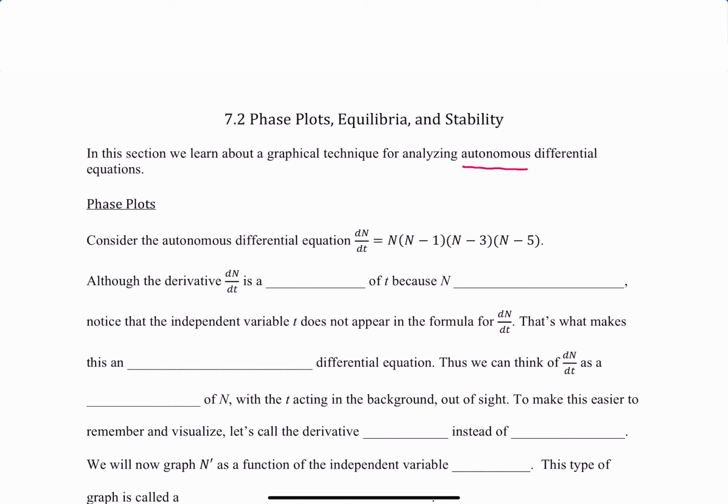Although the derivative dN/dt is a function of t, and that's because N is a function of t. Remember, the shorthand math notation for saying that is to say N equals N of t. But if you prefer, you can write N is a function of t.